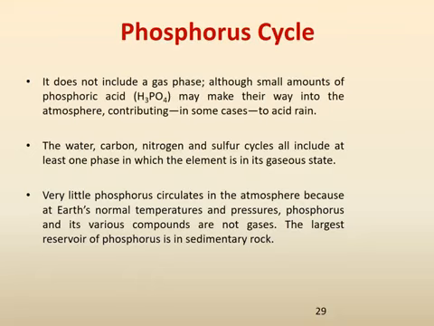The water, carbon, nitrogen and sulfur cycles all include at least one phase in which the element is in its gaseous state. Very little phosphorus, however, circulates in the atmosphere, because at Earth's normal temperatures and pressures, phosphorus and its various compounds are not gases. The largest reservoir of phosphorus is in sedimentary rock.